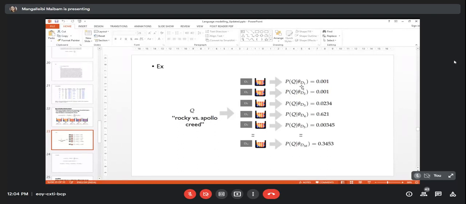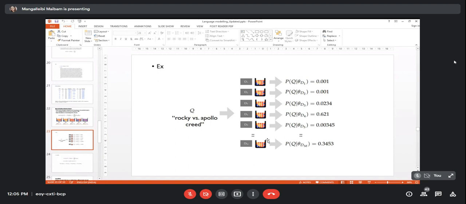So for the respective query, we have to find, say for example, Rocky. So Rocky, we have to find from D1, then from D2, then from D3, then from D4, and so on. So for each document, we have to find separately.